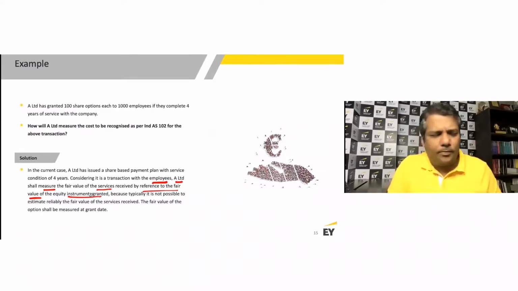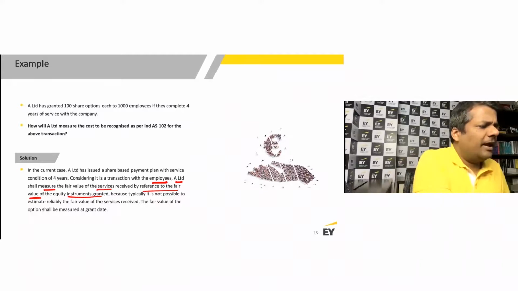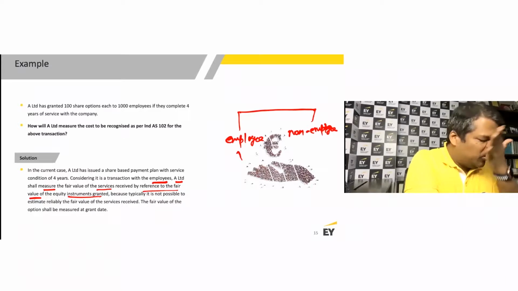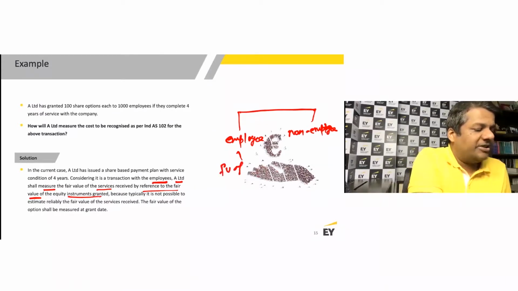It's very, very important for you. So in a way, if I were to just draw a small chart, right? You have employee, and you have non-employee. Now here, your first preference is fair value of shares, okay? Shares or share options, depending upon the type of the arrangement.